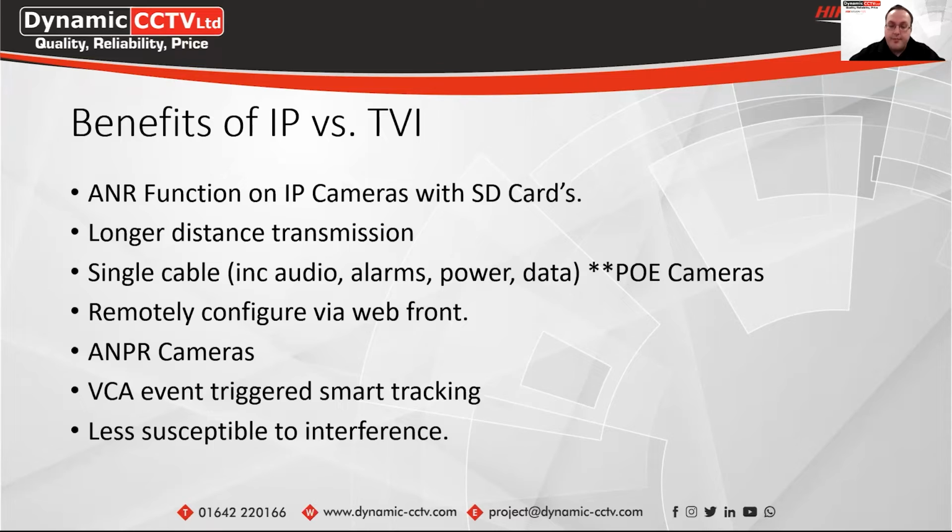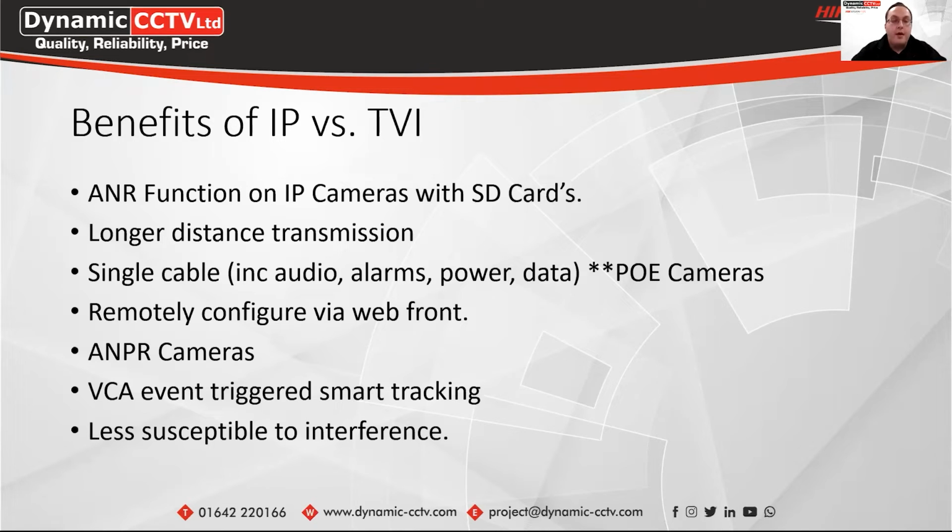Now there is of course the POC TVI cameras, which are power over coax for your TVI solutions, but those don't also send audio and alarms down them. That is only on the IP range that are capable of doing that.